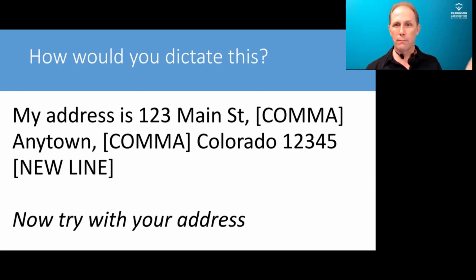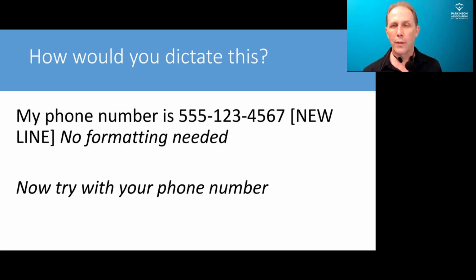My address is, so you could just figure out an address, 123 Main Street, Longmont, Colorado, 80305. I'm trying to remember what it was there. New line. And by putting the commas in there, it's easier to read. It will put whatever you say in there. So if you don't put in the commas, it'll still dictate it. And then my phone number, this is the best part.